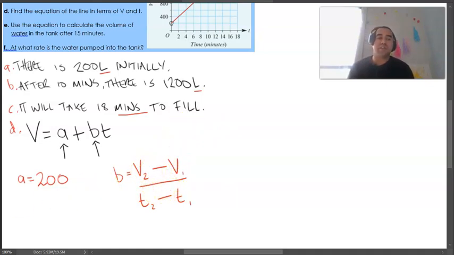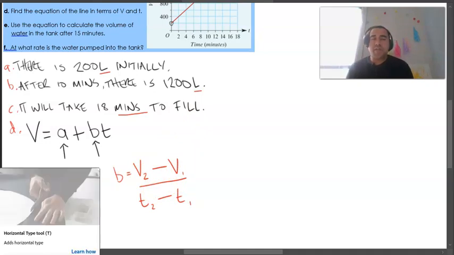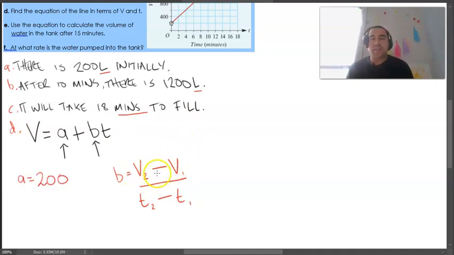Just to keep the context the same. If you write y2 minus y1 over x2 minus x1 and it's showing volume and time, that is okay only within your working out. But the question specifically said, and you've got to be careful, find the equation of the line in terms of V and T. So you have to answer in V and T.